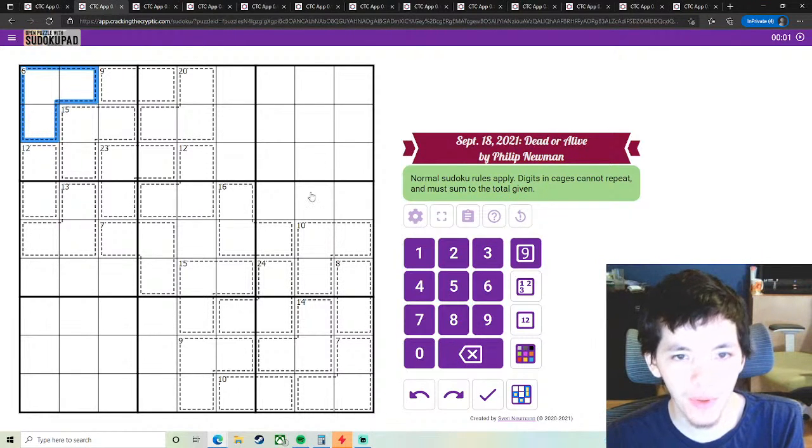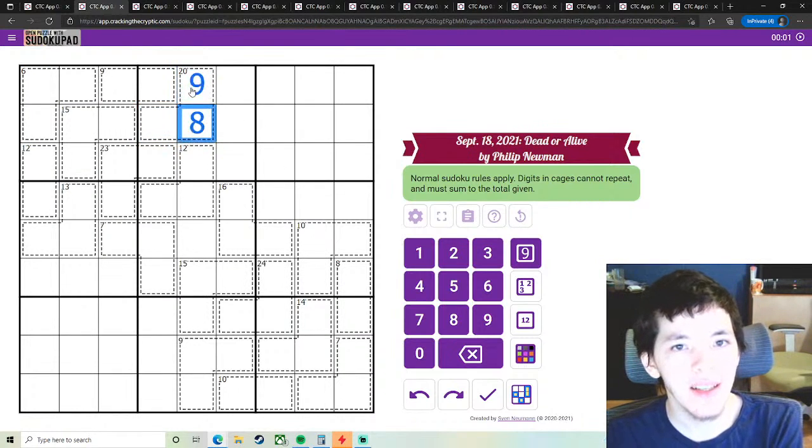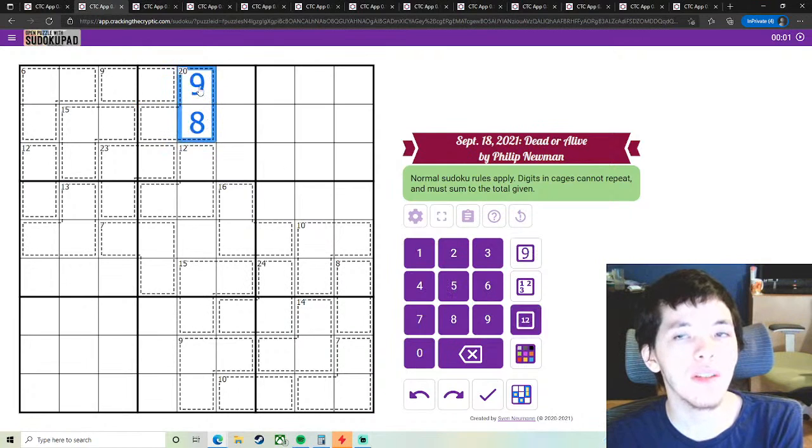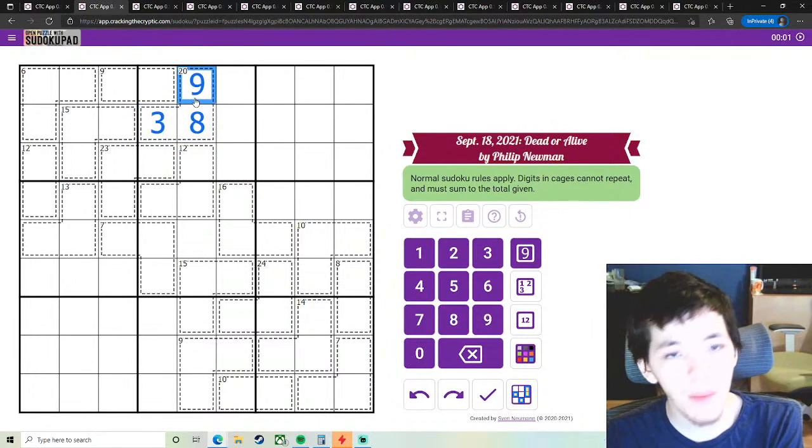Another example is this cage right here, which has to sum up to 20. If I put a 9 and an 8, 9 plus 8 equals 17, so I need to put a 3 here so that 9 plus 8 plus 3 total 20. And that's only one possibility.